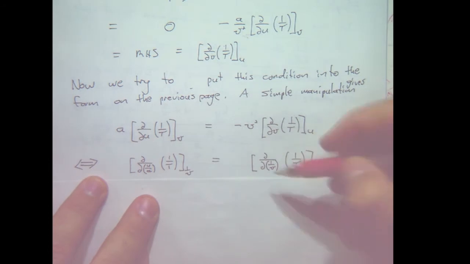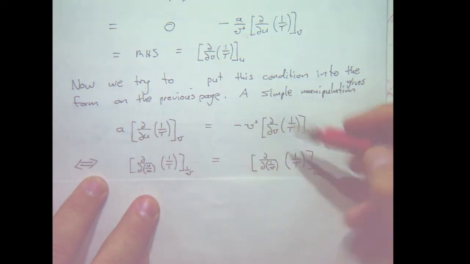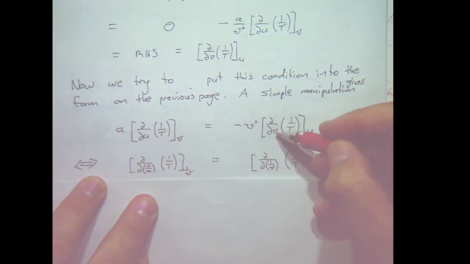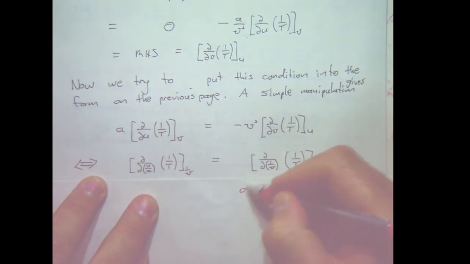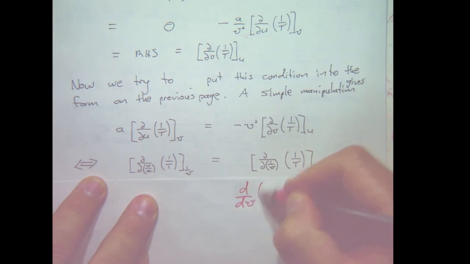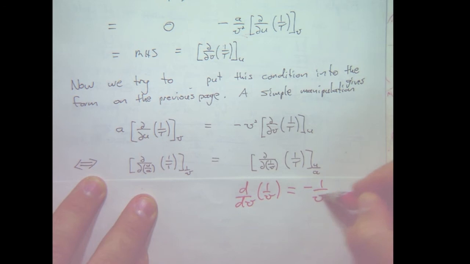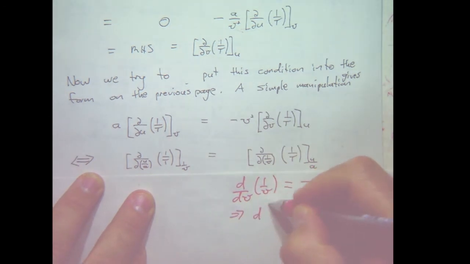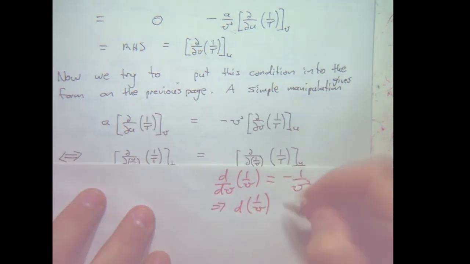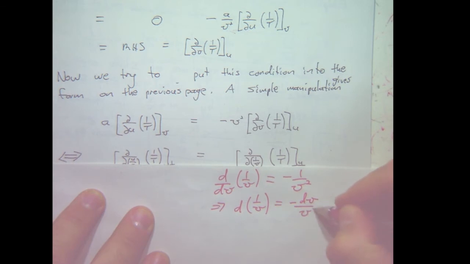And then, last thing, this is a typical step that you see in thermo. d by dv of 1 on v equals minus 1 on v squared. So just writing it as a relation between differentials, d of 1 on v equals minus dv on v squared.